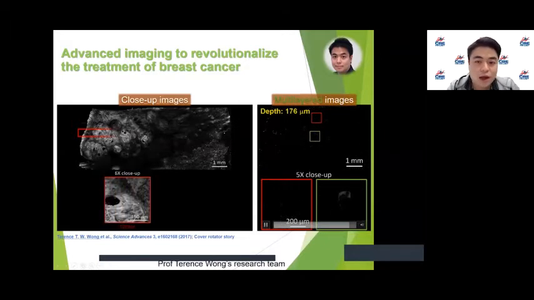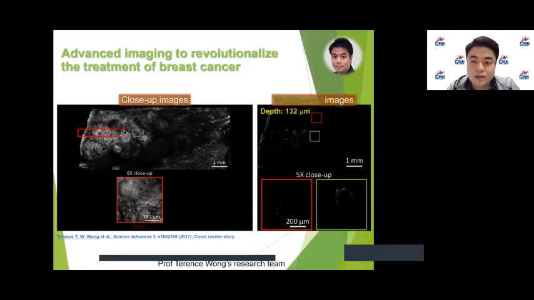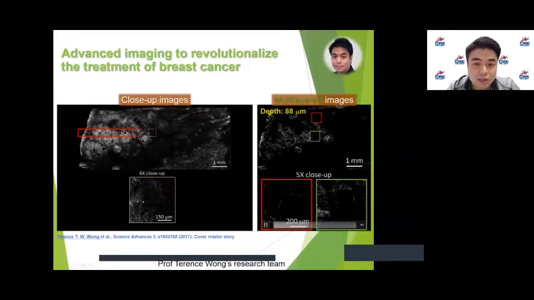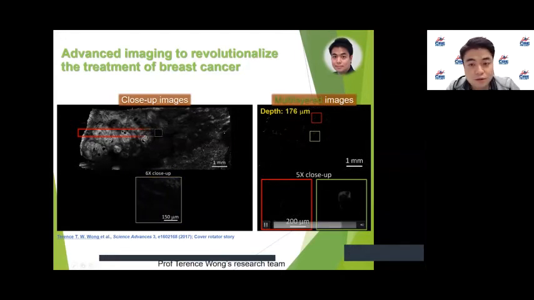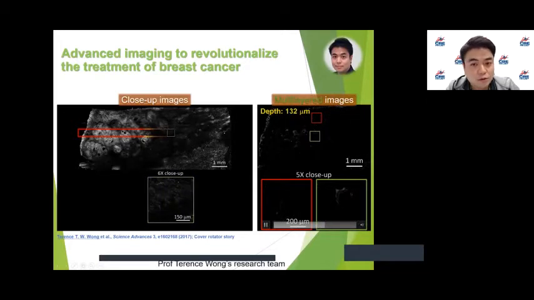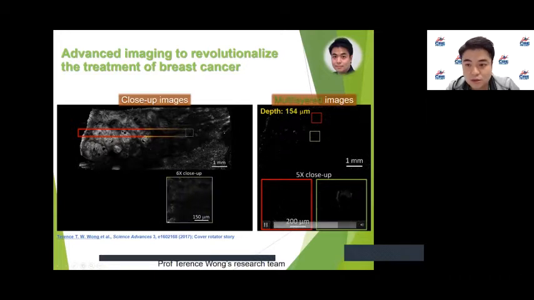They only know after a few days, even a week, mainly because of the labor-intensive and lengthy lab procedures to analyze the excised tissue. With our imaging technologies, which combine photoacoustic imaging and deep learning algorithms, we can allow doctors to make the best decision on the spot during the surgery.